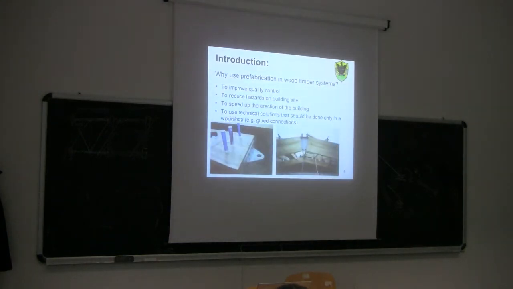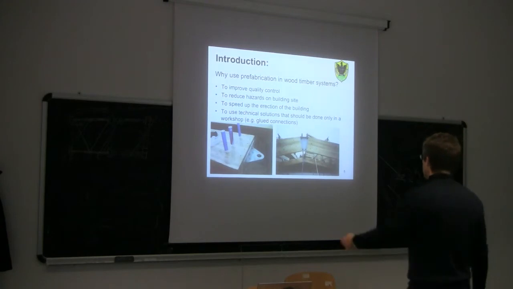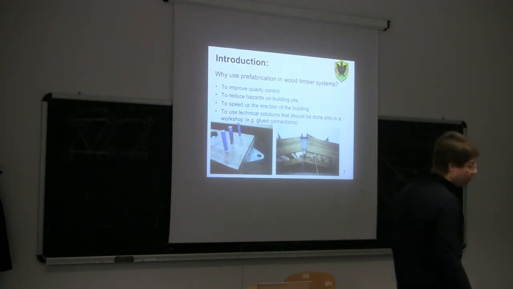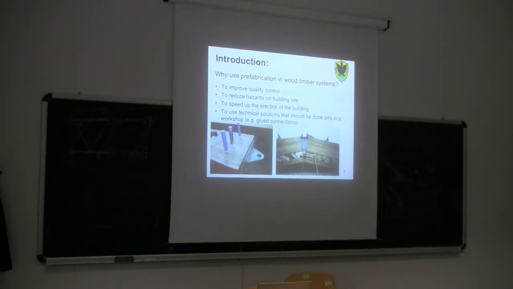And then also to use technical solutions that should be done only in a workshop. For example, suppose that we want to use glued solutions, so glued between timber and timber, or epoxy glued-in rods. This kind of solution, as we mentioned before, should not be done on the building site.